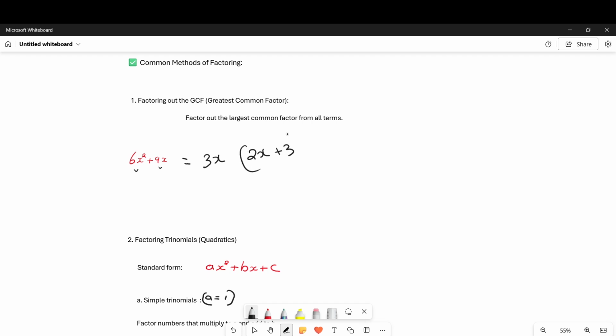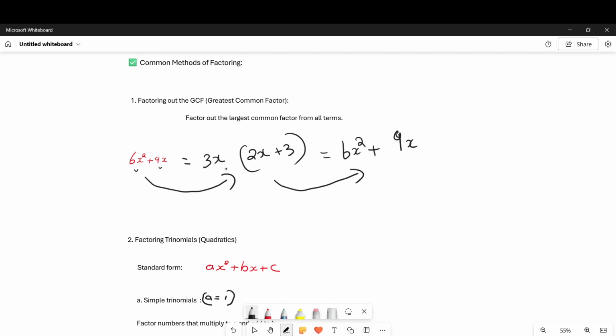Let's check whether the factors are correct by expanding again. 3x into 2x is 6x square, plus 3x into 3 is 9x. Correct. We converted this into factors, then expanded again, and got the same expression.